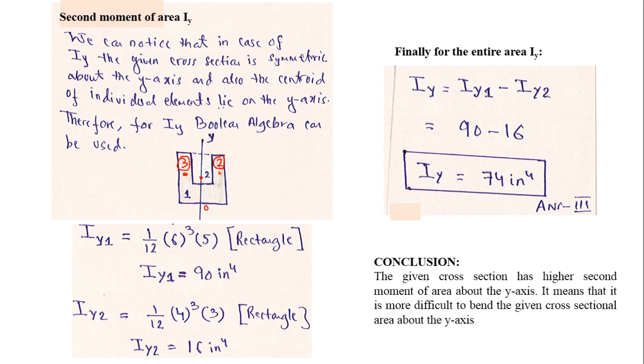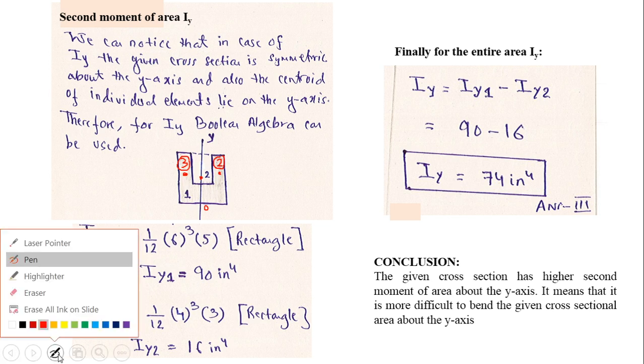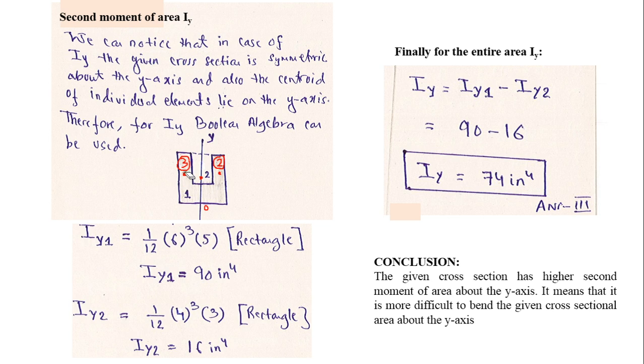They are not lying on the y-axis. So this means that I am not able to use the previous numbering. That is why I changed the numbering to this new numbering, such that the centroid of each and every constituent shape lies on the y-axis.